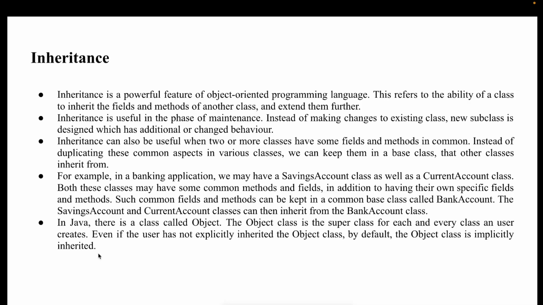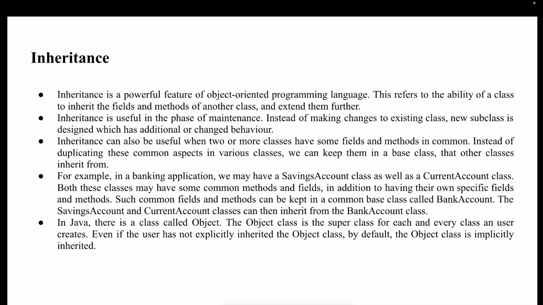I told you some time back about the Object class. The Object class is the superclass, meaning it's at the topmost hierarchy. So Object is the superclass for every class. In all the classes, whether or not you are extending a superclass, the Object class behavior is inherited by default.